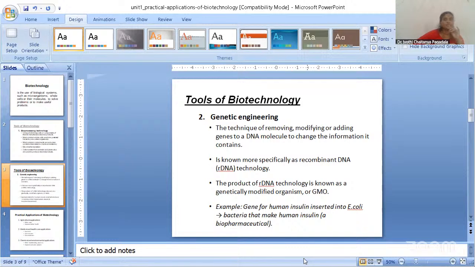The reporter genes that have been used include the beta-glucuronidase gene, also known as the GUS-A gene, which acts on a particular substrate producing a blue product, hence making the transformed cells blue.